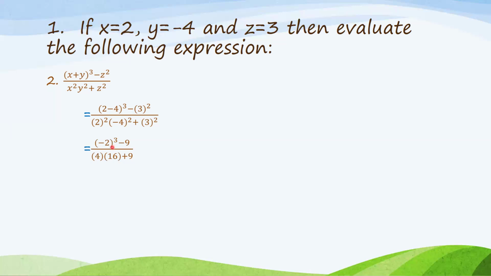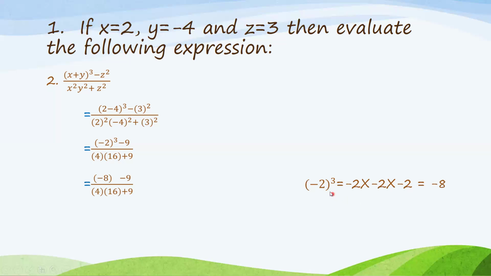It means minus 2 is multiplying thrice. So look at this. Minus 2 into minus 2 into minus 2. 2 2s are 4, 4 2s are 8. Now what about the sign? Minus, minus, plus, plus, minus, minus.